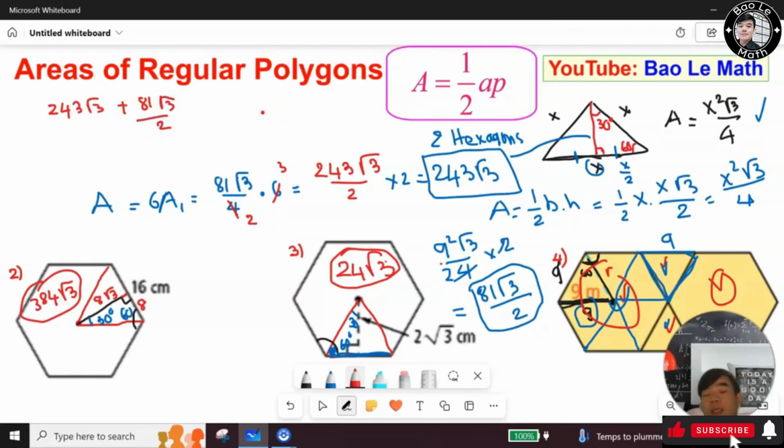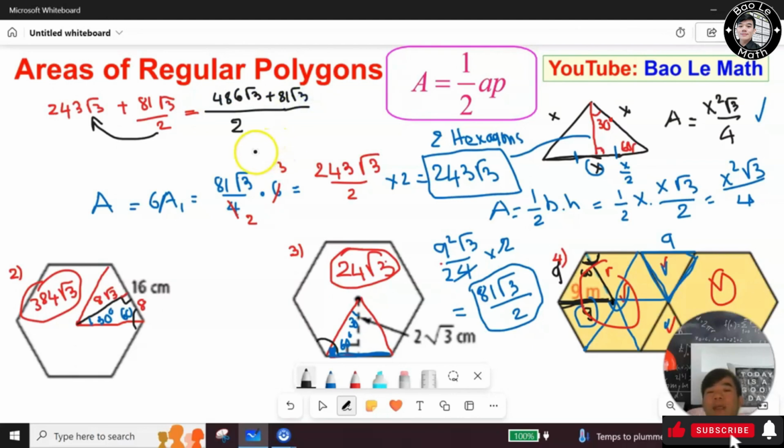Now we need to simplify by multiplying this by 2 and writing them with the same denominator. 2 times 243 is 486 root 3, plus 81 root 3.